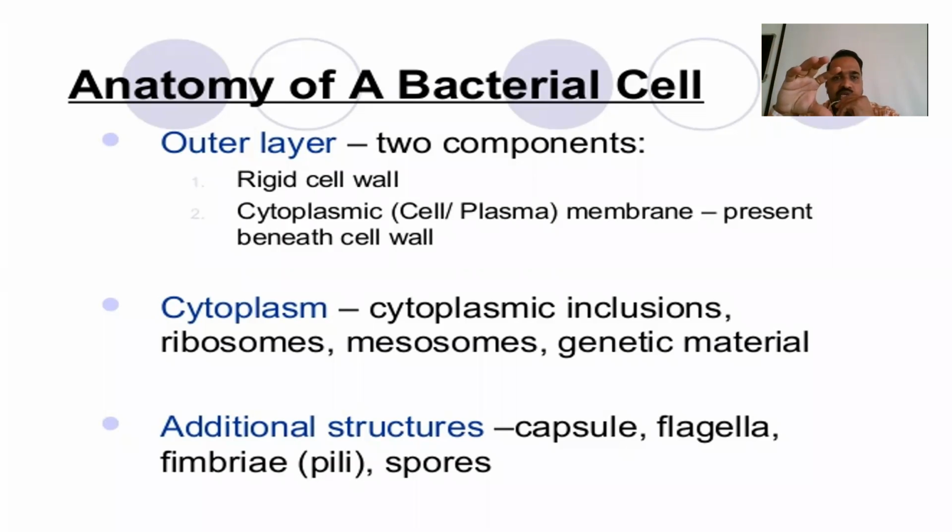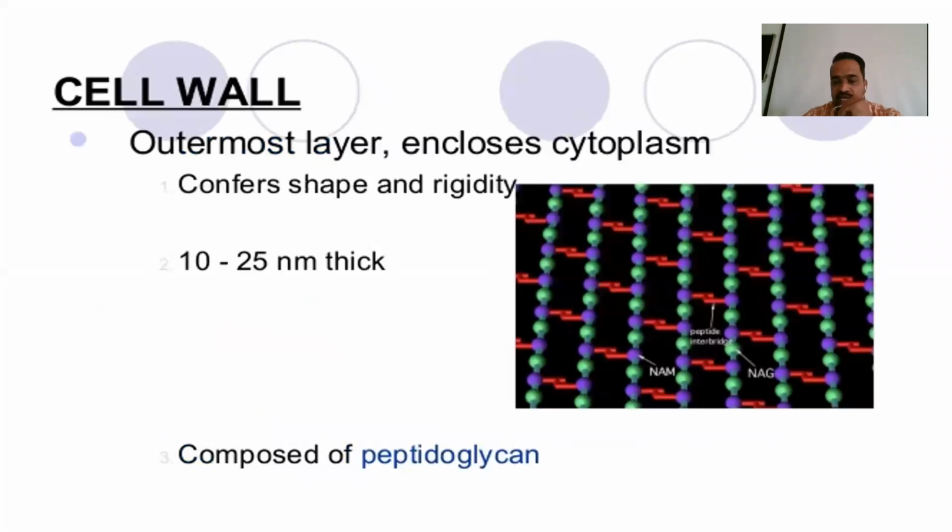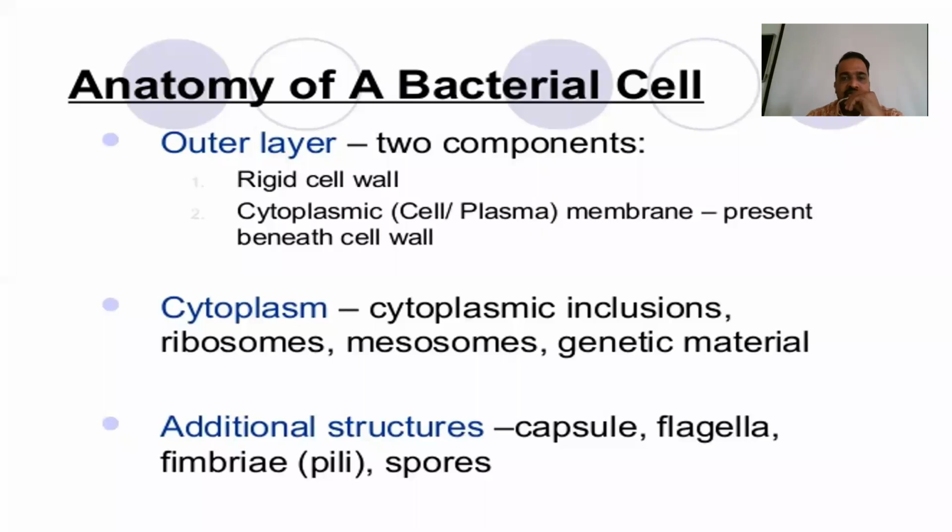This is the structure of the bacterial cell. The outer layer has two components, the cell wall and a cytoplasmic membrane. Then inside, we have inclusions like ribosomes, mesosomes and genetic material, and additional structures like capsule, flagella, fimbriae and spores. These are seen outside. Cytoplasm is inside and additional structures are the outside ones.